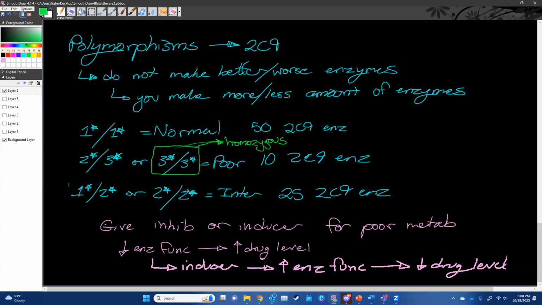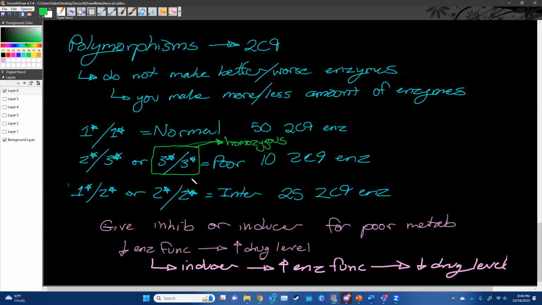Any questions about that? Homozygous refers to having the same allele on both chromosomes.